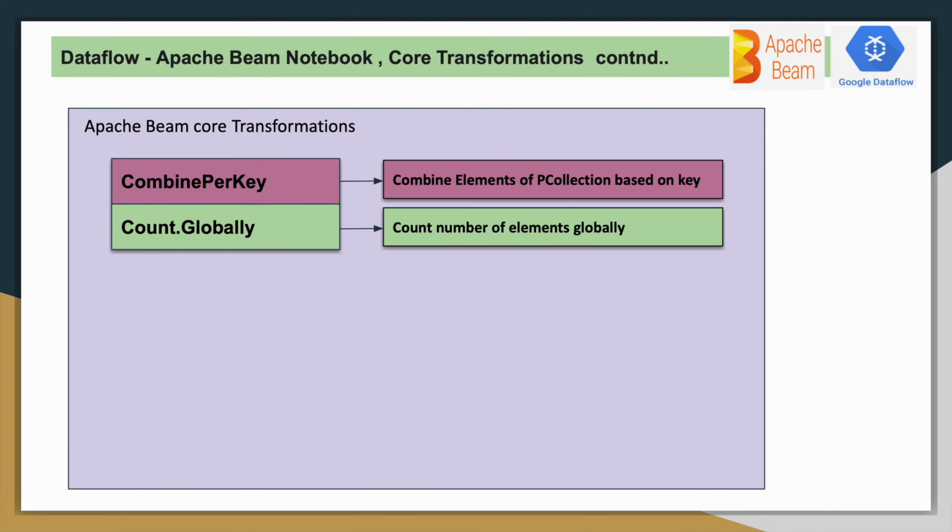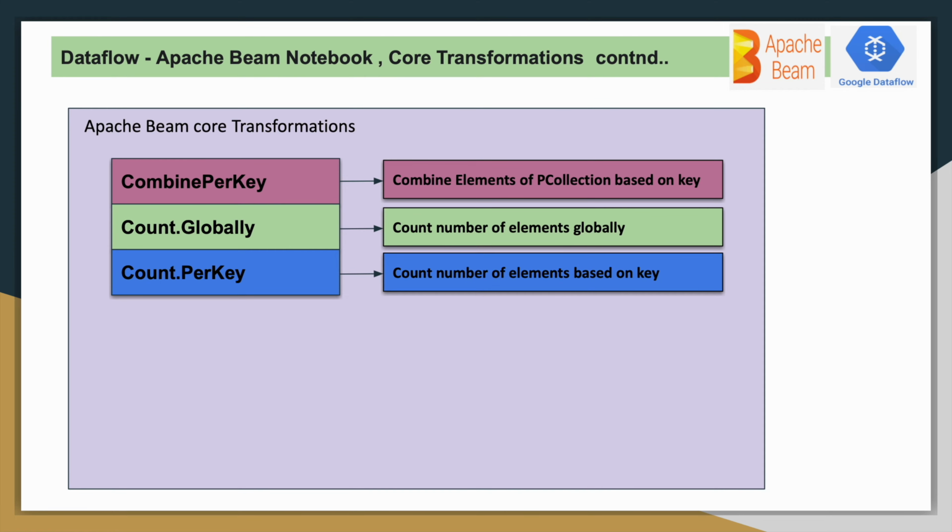Then aggregations. There are many aggregations available like count, top, or sum of elements, but in this video we will be concentrating on count. Count globally: if you have to count elements within the entire PCollection, then you will use the Count Globally transformation.